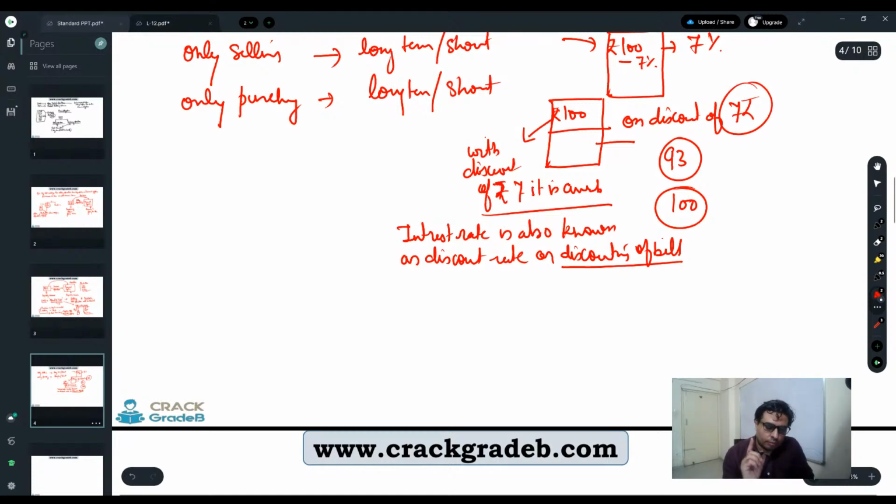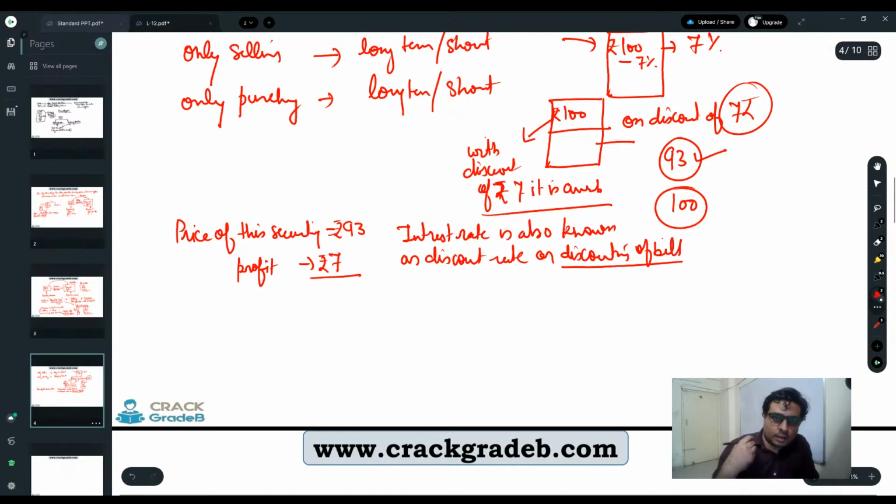So now be very attentive on this statement. RBI was selling at how much price? 93. That means the price of this security is 93 as per RBI quotation, and the profit we are getting is 7 rupees.